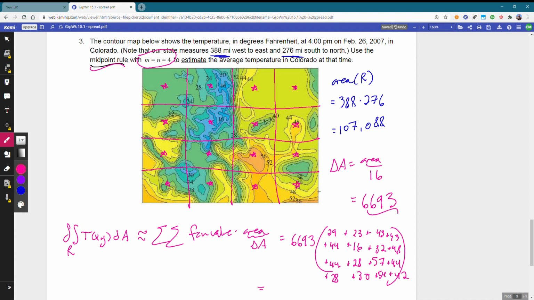And if we crank all this out using a calculator that I'm trying to find, oh, here it is. Great. What do we get? 29 plus 23 plus 43 plus 43.